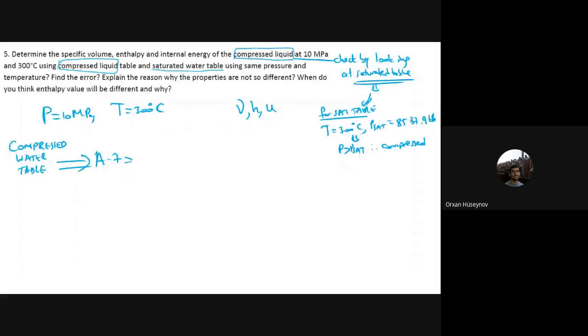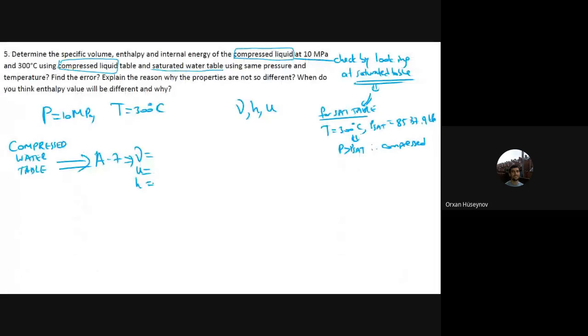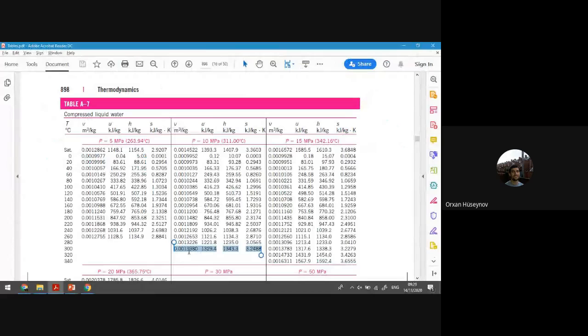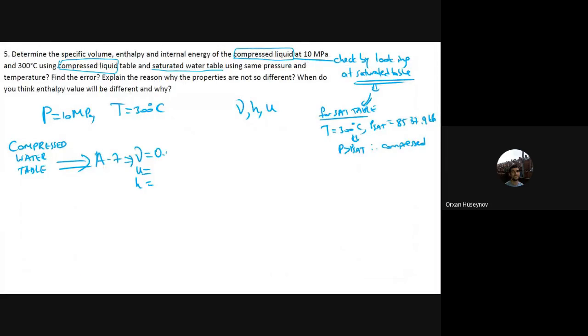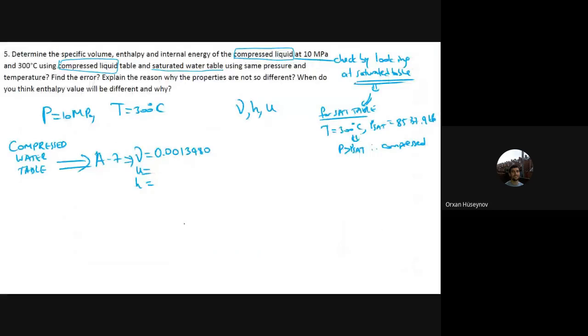From A7, the v value is 0.0013980, which is in meters cubed per kilogram.